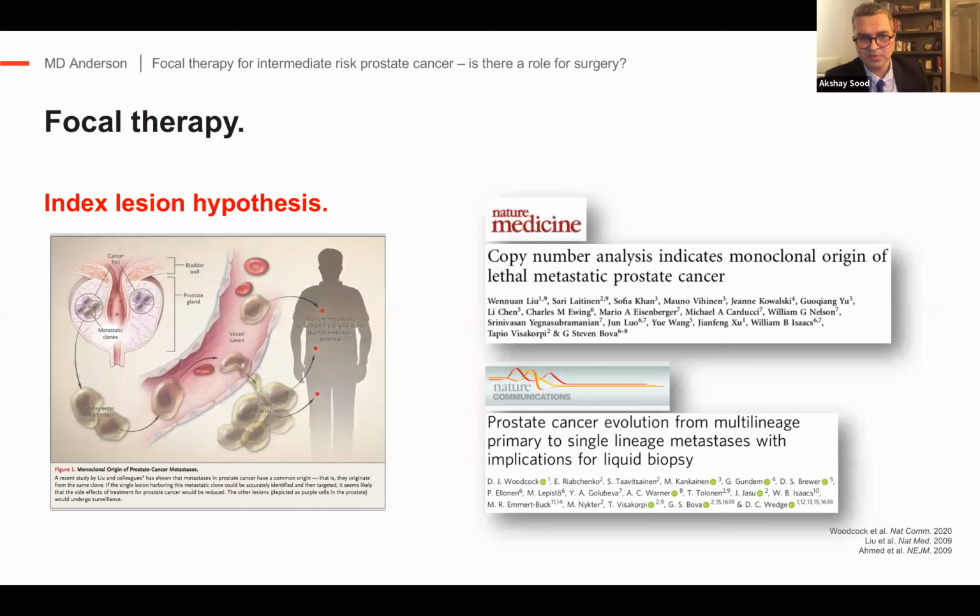Approximately 60 to 70% will have multifocal lesions in the prostate. But the lesion that gets out and leads to metastasis is usually from a single lesion, and the other lesions get suppressed. So that's the index lesion hypothesis: within every prostate cancer, even though it's multifocal, there is a single lesion that's aggressive, that gets out into the lymph nodes, and then the subsequent metastases actually happen from the lymph nodes. And there are good papers that show that.